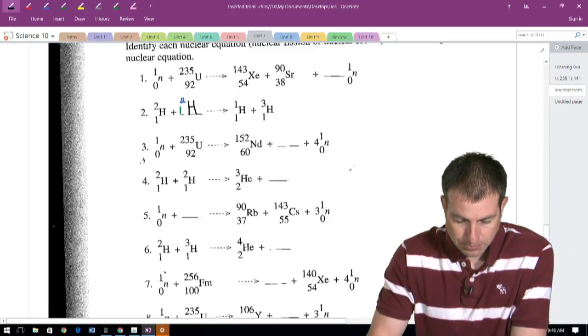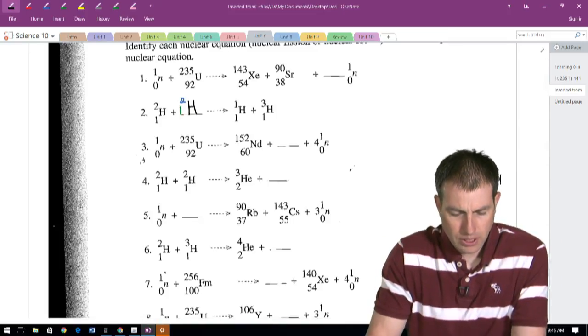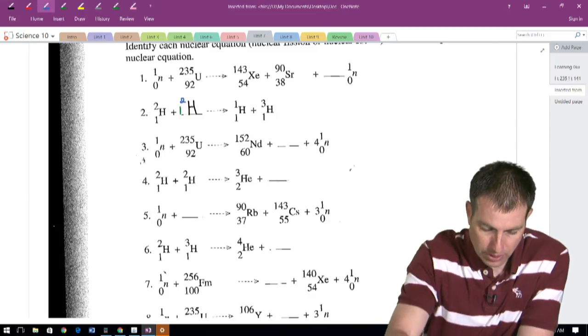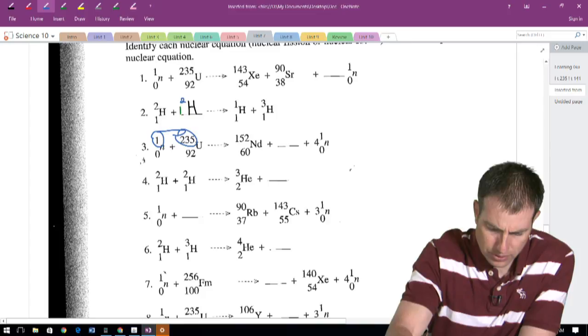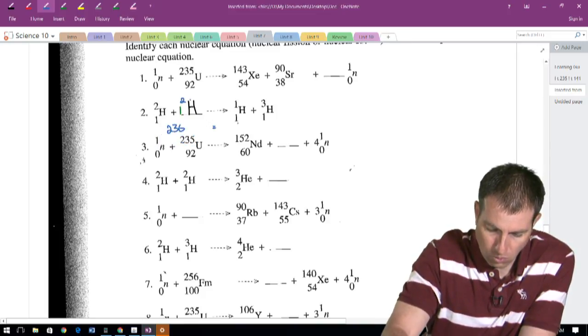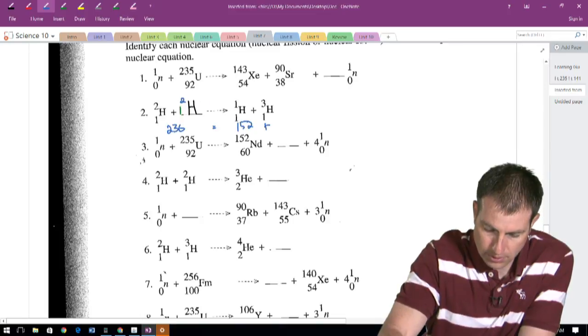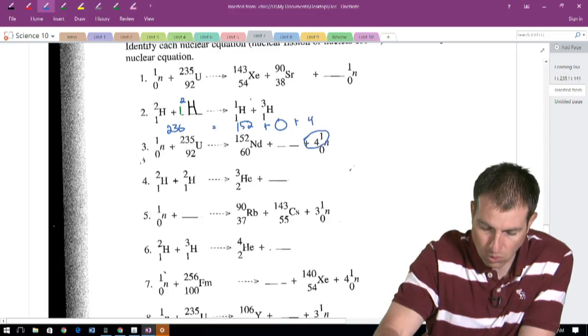Let's look at number 3. 3 is a bit tricky. So on the top here, I have 1 plus 235, so I have 236 over here, is equal to 152 plus something, not sure what that is, and then I have 4 times 1, or 4.